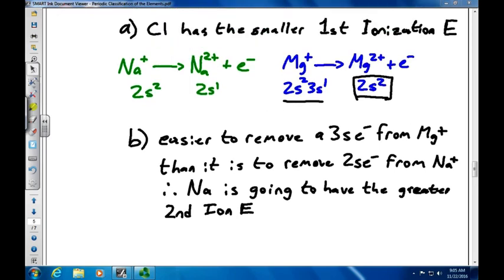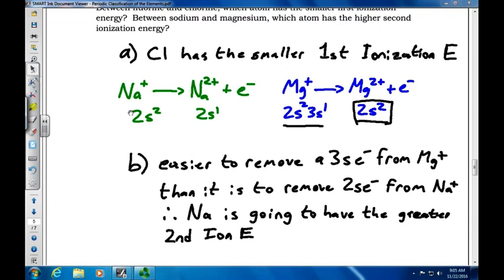Let's come back to our actual setup here. In the very beginning of chemistry, you learned that sodium likes to make a +1 and magnesium likes to make a +2. So it would only make sense in a very practical way.